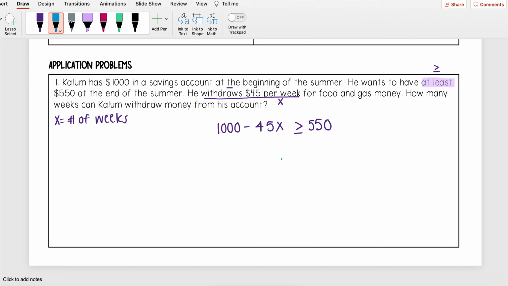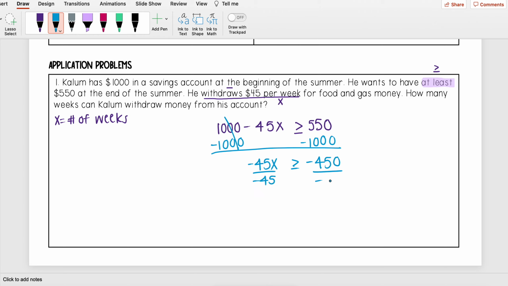Now I'm going to go ahead and solve this. So I'm going to subtract 1,000 first. So I end up with negative 45x on the left. And then on the right here, when I subtract those, I get negative 450. And now I'm going to divide both sides by negative 45.